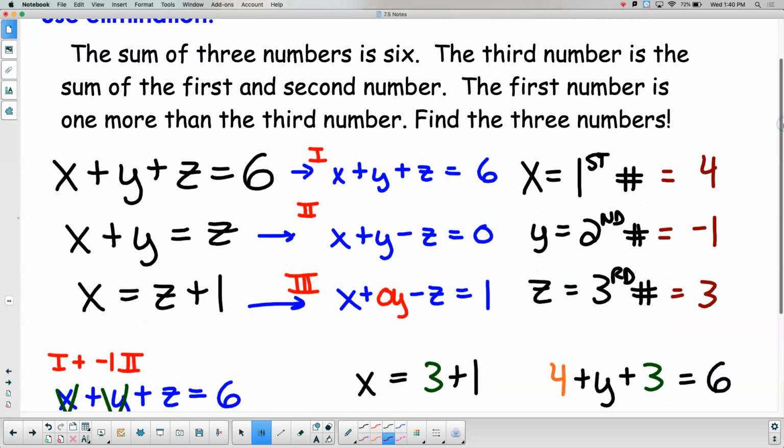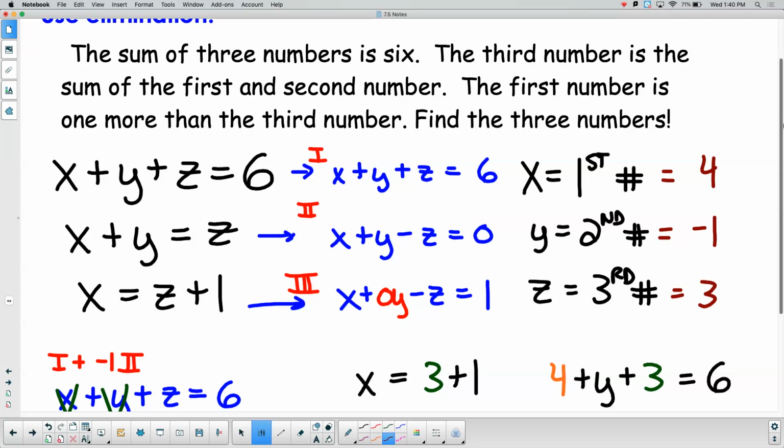So now when I go back and I check it, the sum of three numbers is 6, 4 plus negative 1 is 3, 3 plus 3 is 6. Yes. The third number, 3, is the sum of the first two numbers, 4 plus negative 1. Yes. The first number, 4, is 1 more than the third number. 3 plus 1 is 4.